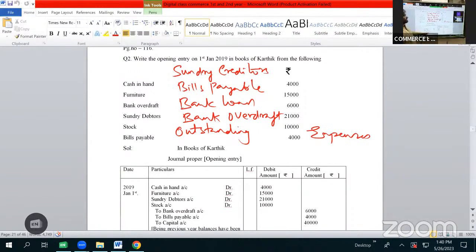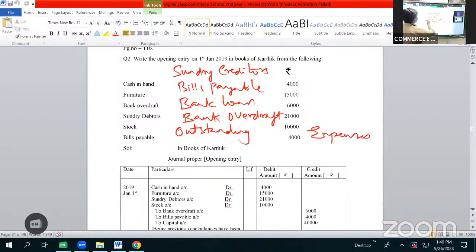So these are the 5 names which fall under the category of liability and they have a credit balance. So remember these 5 names, I repeat: sundry creditors, bills payable, bank loan, bank overdraft, outstanding expenses.